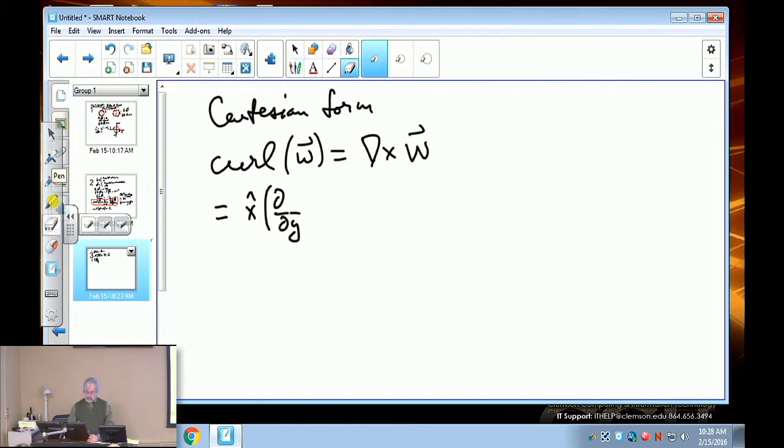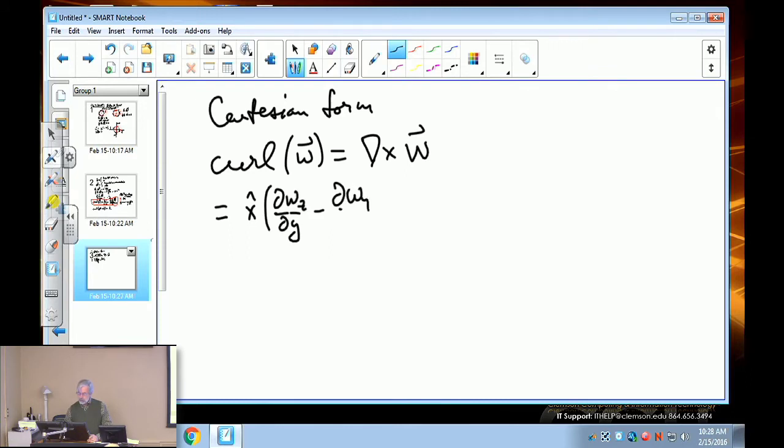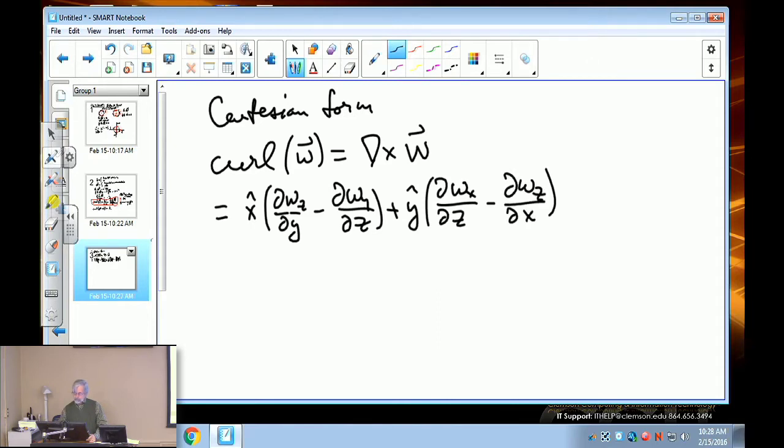I was about to write down dWz/dy minus dWy/dz plus... And this is analogous to what we did with the cross product. It's just keeping the order of these things here, that cyclic permutation again of x, y, z. So, for example, d by dx of Wy is the first term in the z component.